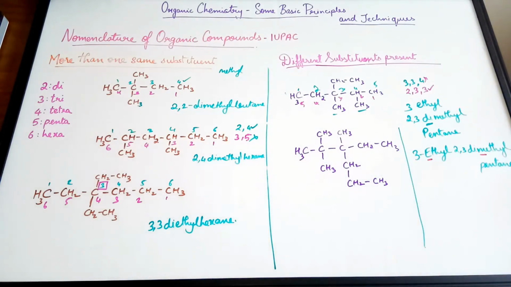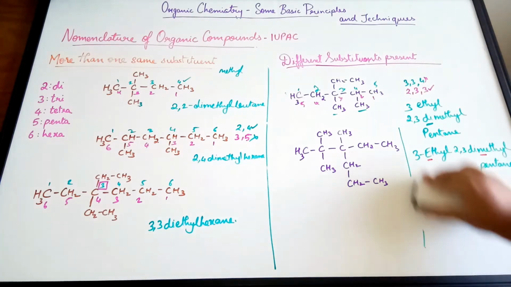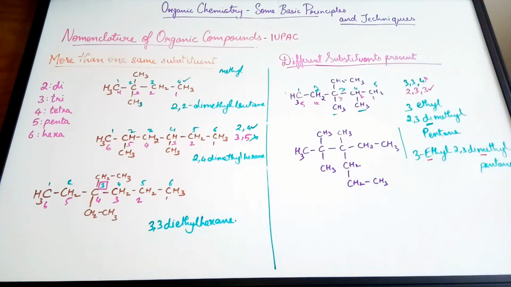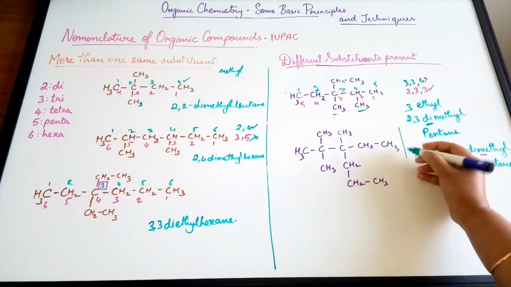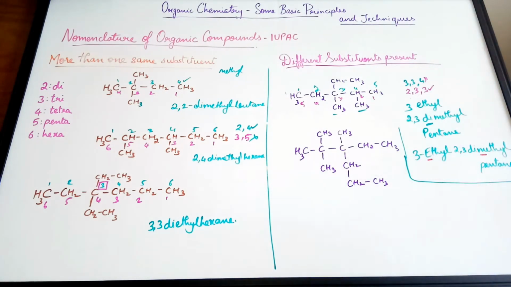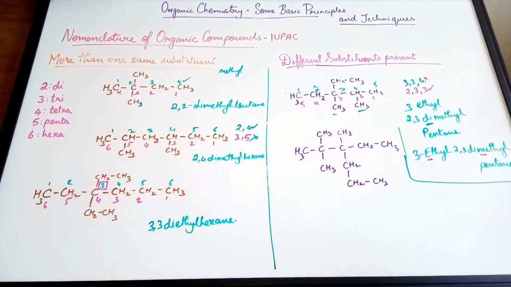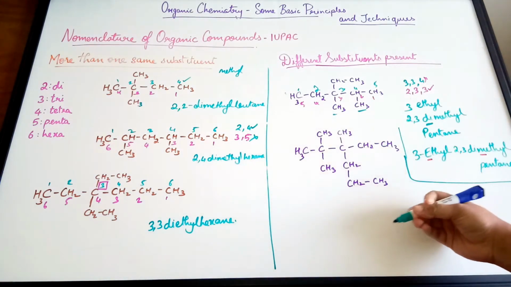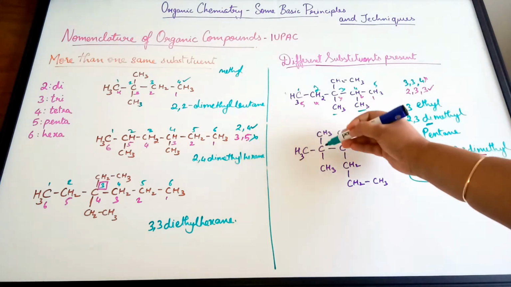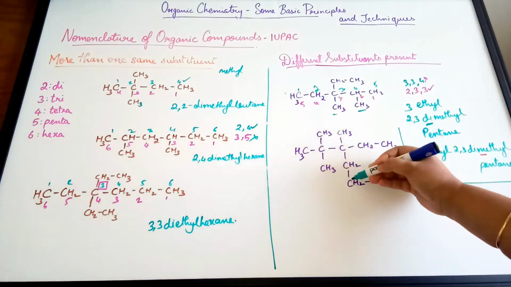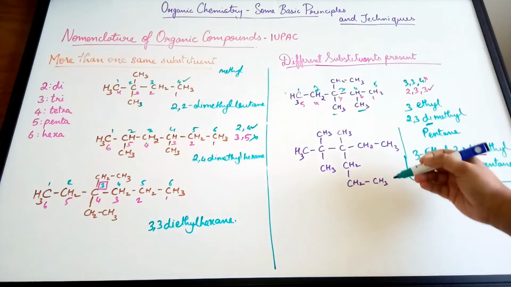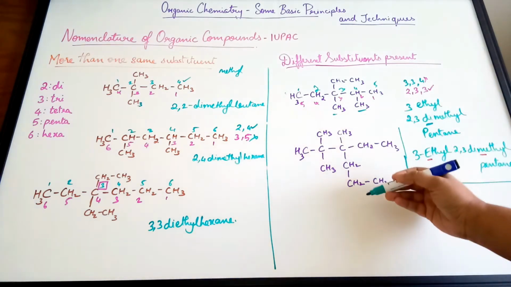Again, we'll do another example. Hopefully it helps you understand it even better. So here in this compound, 1, 2, 3, 4 and 5. That's one chain which is possible. 1, 2, 3, 4, 5, 6 is possible. 1, 2, 3, 4, 5 again is possible.